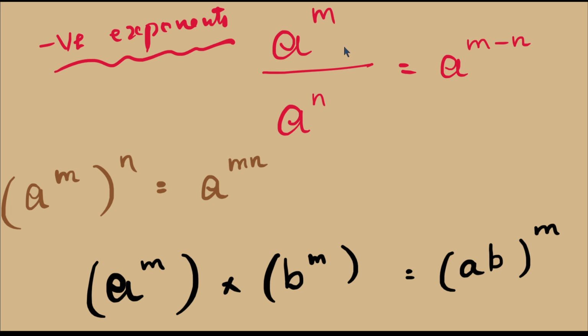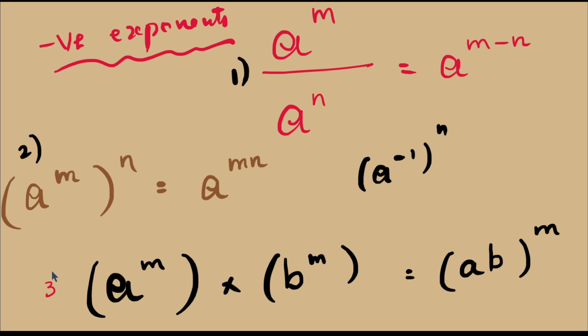The first one, a power m by a power n is equal to a power m minus n, whether it's applicable or not. And the power of power rule, in fact we had applied this second rule in our introductory video itself. If you remember, we had written a to the power minus 1 the whole power n, and we had used the rule, but just check it with numerical examples for your own satisfaction.